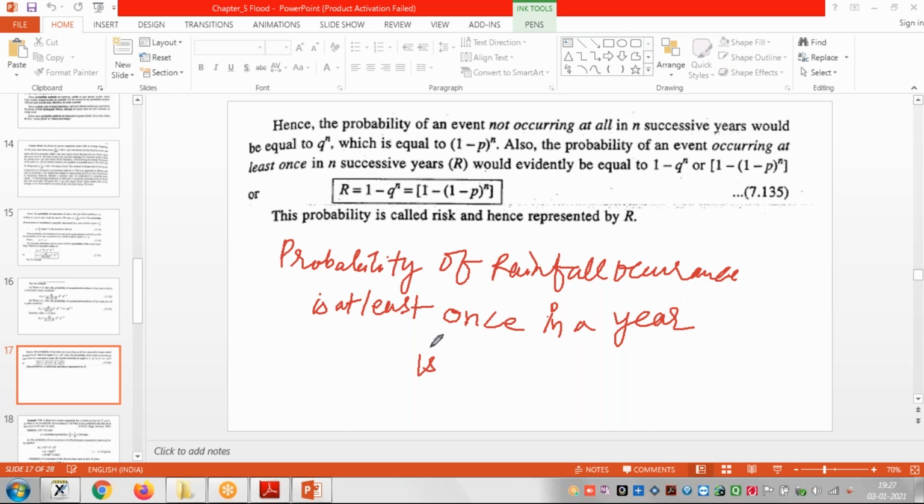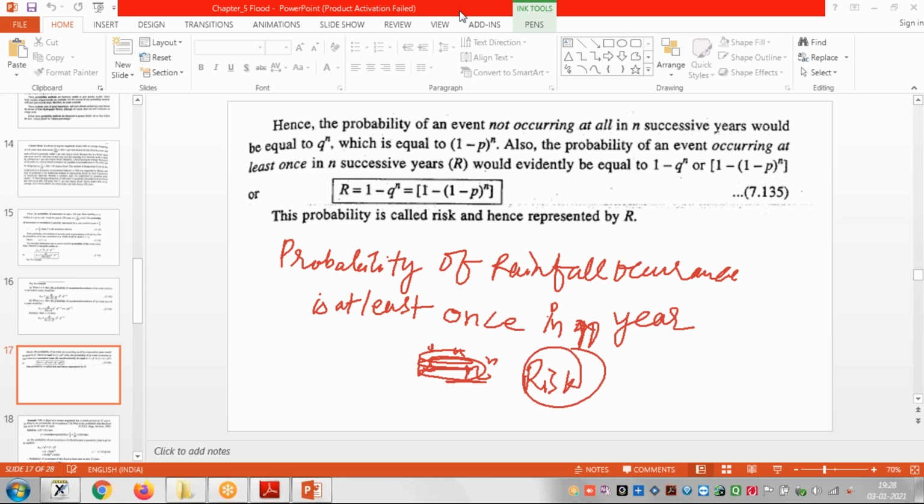Once in a year, or say once in n years, or I say the probability of rainfall occurrence is at least once in n years. Then it means risk.